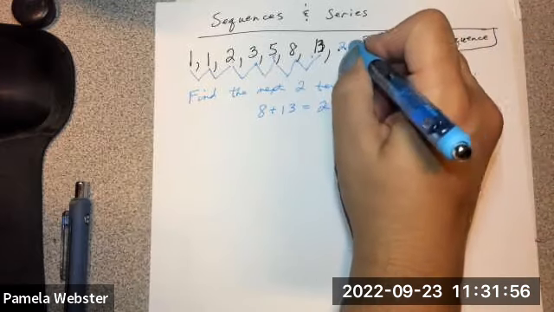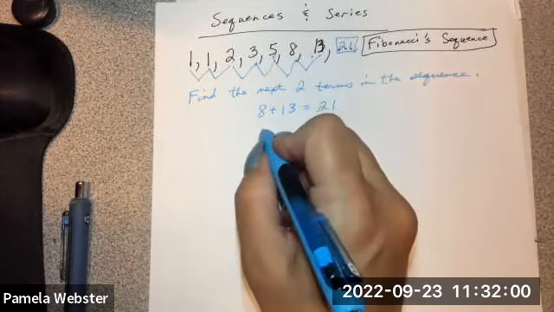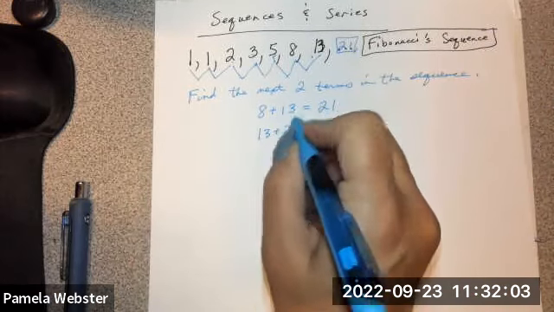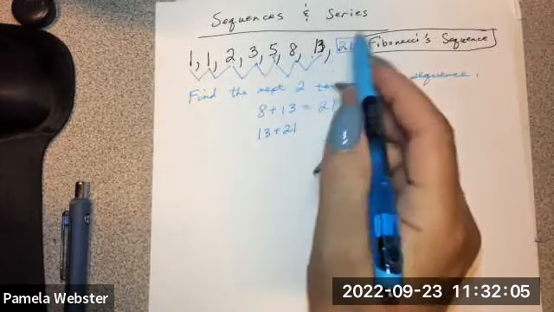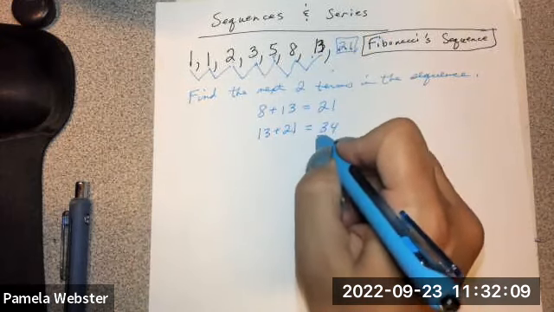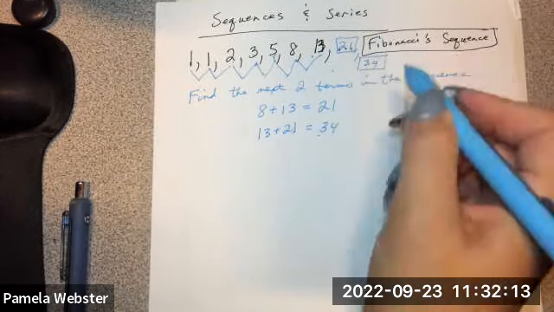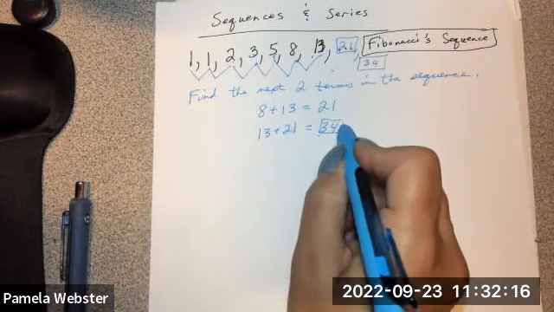The next term would be 13 plus 21, and that would be 34. So these would be the next two terms.